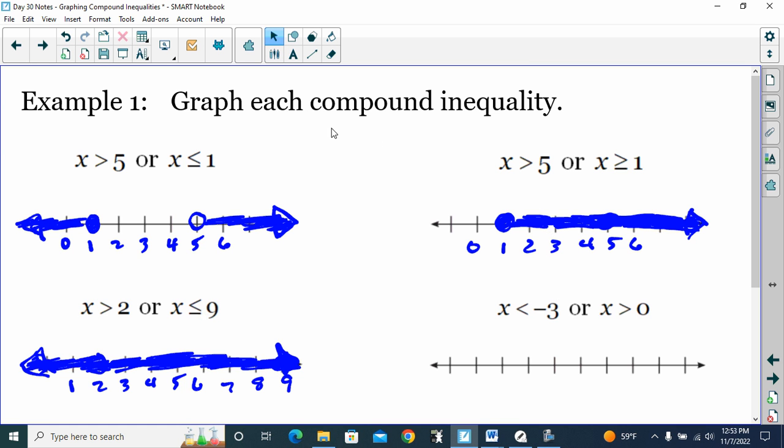Let's do one more or statement. Looks like we need to go down to at least -3. I'm going to label every other one. It's an or statement. We shade in the first one. X could be less than -3.